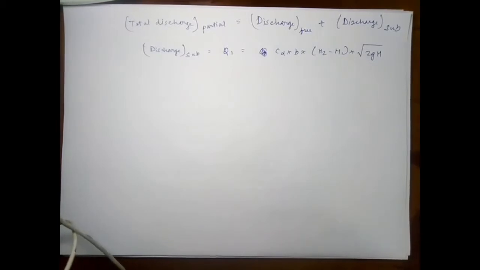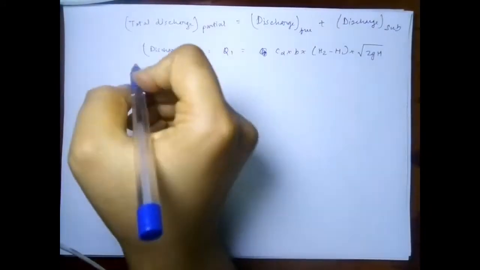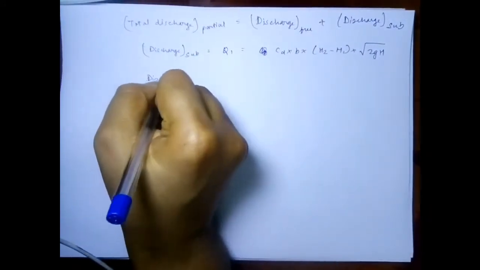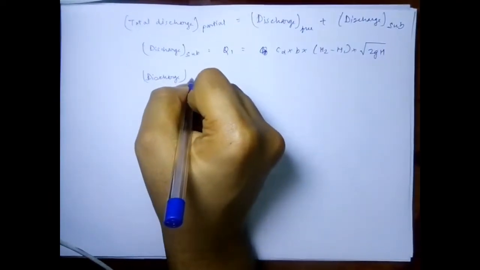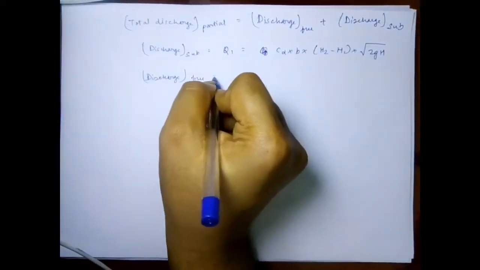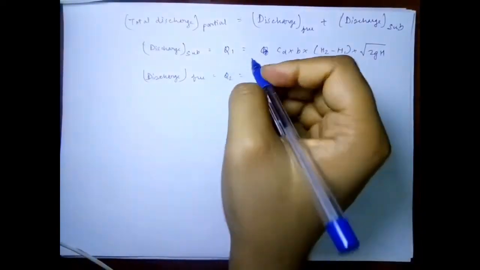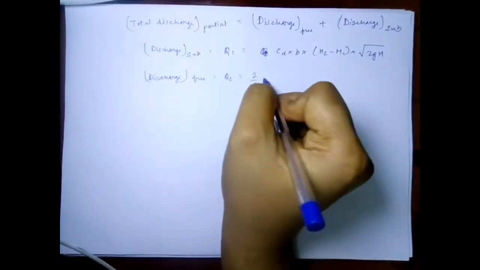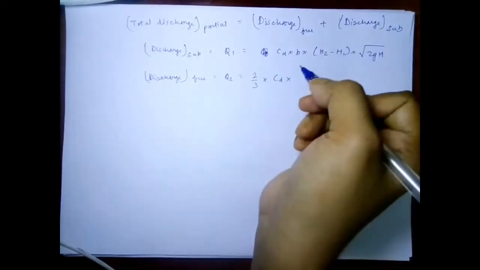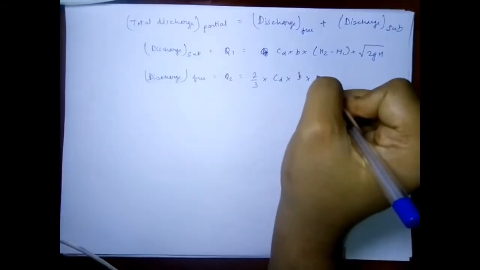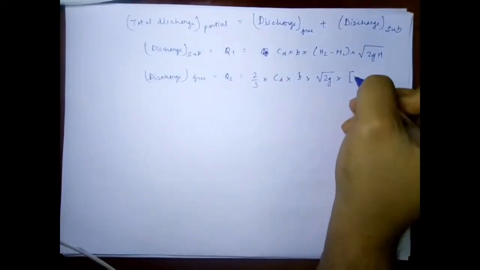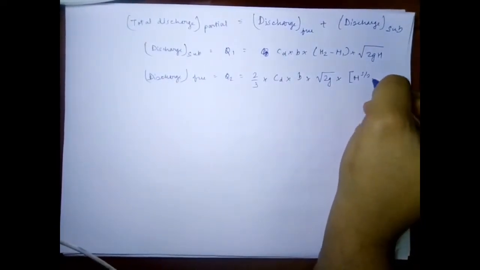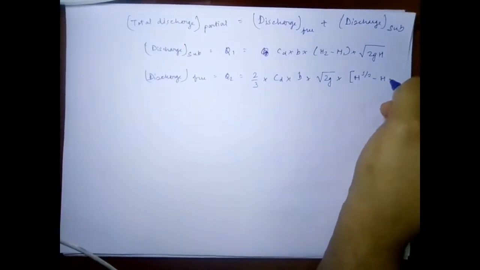So we can say that the discharge through the free part is equal to Q2, and this is equal to 2 by 3 times CD times B times root 2G times H2 to the power 3 by 2 minus H1 to the power 3 by 2.